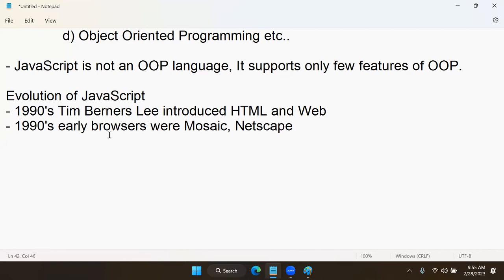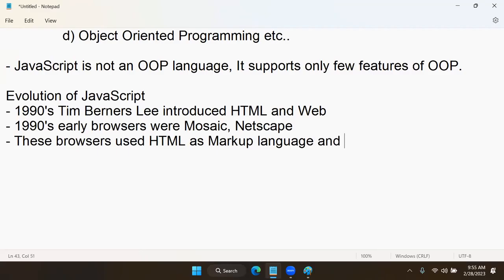These browsers used HTML as the markup language and ECMA script as the client-side script.